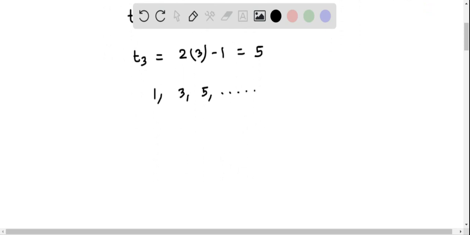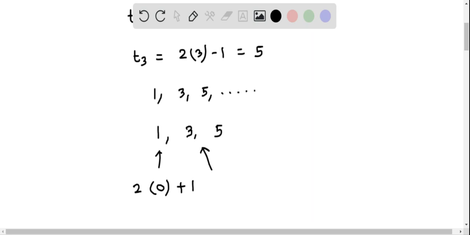But now we are going to rewrite this same sequence, that is 1, 3, 5, but then we have to consider that the lower index has to be 0. So I'm going to rewrite this 1 as 2 times 0 plus 1.